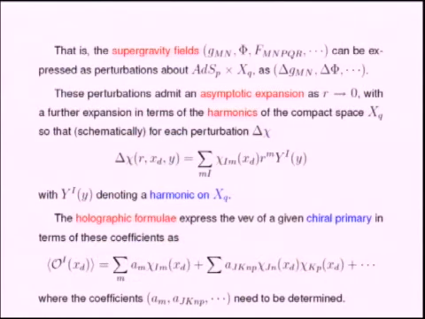So to sketch what I mean, let's suppose we have supergravity fields: the metric, dilaton, say a 5-form in the case of AdS5 cross S5, the other fields of supergravity. We express them as perturbations about the AdS_p cross X_q background as delta G, delta phi.